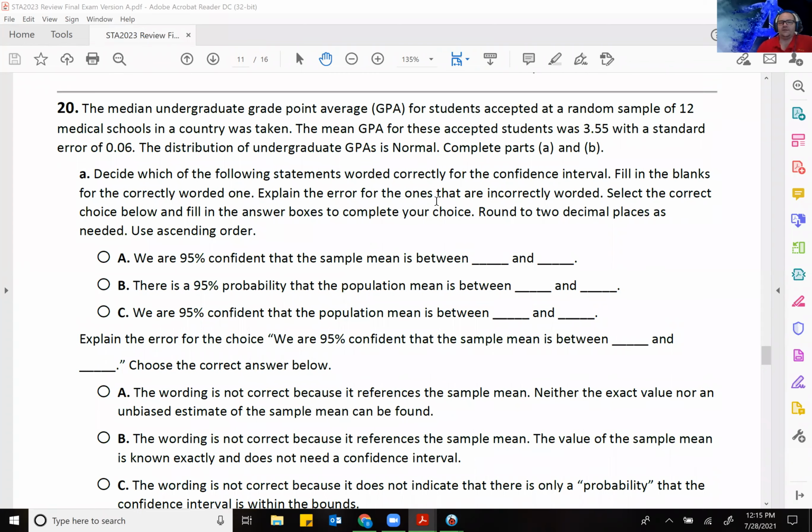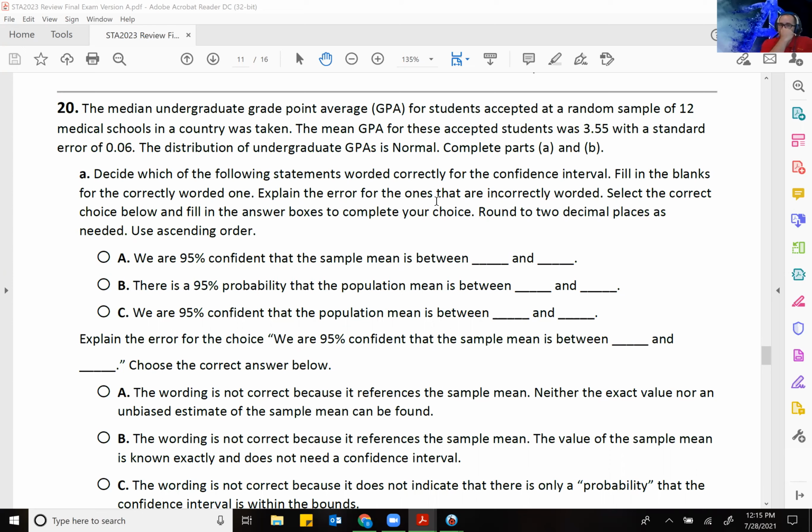I think that's supposed to be the mean, not a median. The mean GPA for these accepted students was 3.55 with a standard error of 0.06. And that standard error, remember, is a lot like our standard deviation. The distribution of undergraduates' GPA is normal. Complete parts A through B.